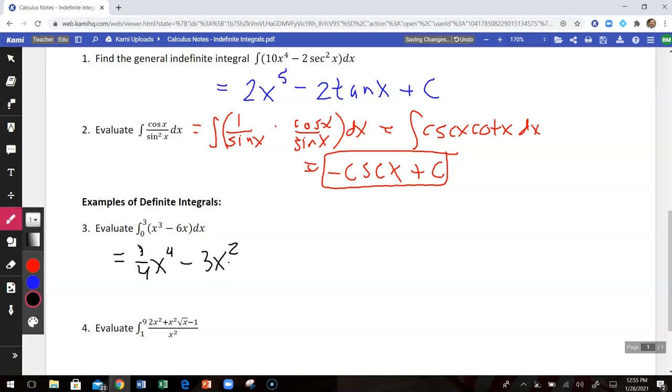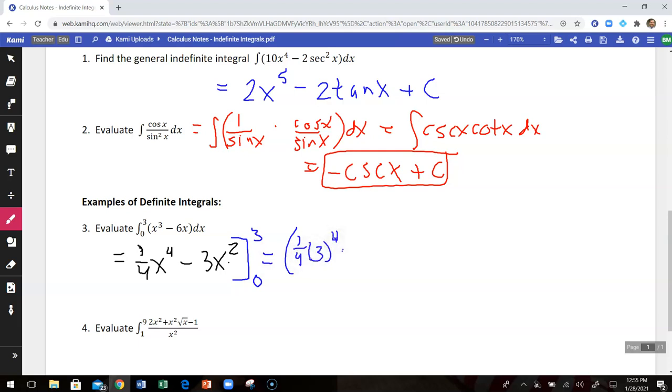And then I evaluate that over the interval from 0 to 3, which means I'm going to evaluate this at 3. So 1/4 times 3 to the 4th minus 3 times 3 squared. And then I'm going to subtract what I get when I evaluate this at 0.